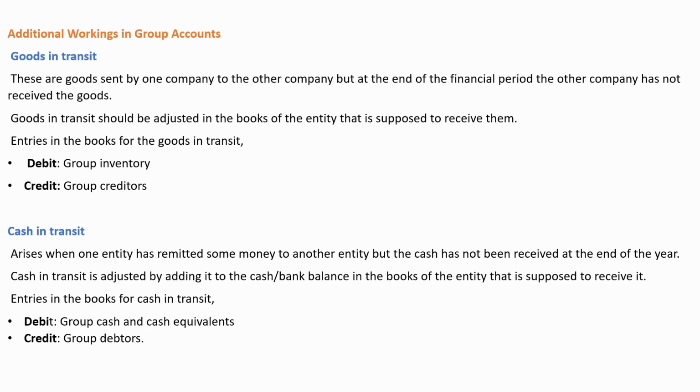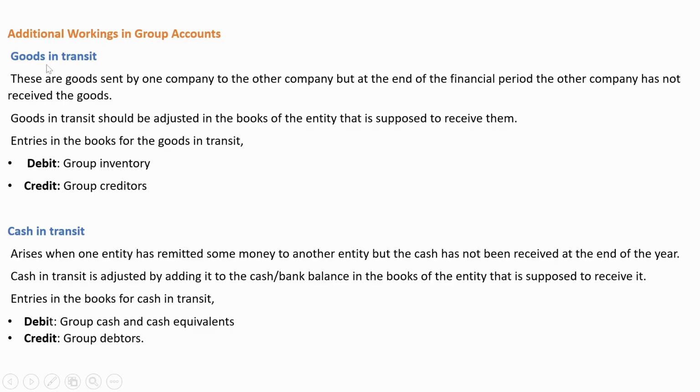Then from there we have some other workings. So far we have seen the 4 accounts which you must prepare during the consolidation process. But apart from the 4 accounts, we have other workings which do not require you to open any account, but you're just going to adjust them, especially in the statement of financial position.